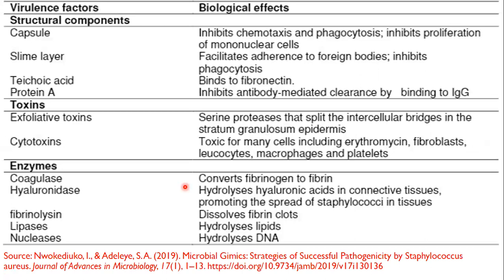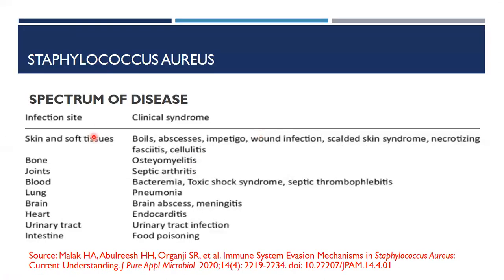Same goes with this. So more or less the same table, but with some additional information. Staphylococcus aureus may cause disease depending on the site of entry, depending on where it enters the body.